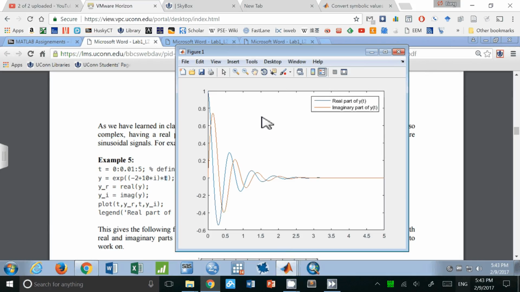You have two oscillating signals, this blue and the red. Okay? They have a phase difference because one is the cosine, the other is the sine. And also both of them are decaying as far as the input is concerned. This is due to this -2 in front of it. And you can use MATLAB to visualize and look at what the signal is.